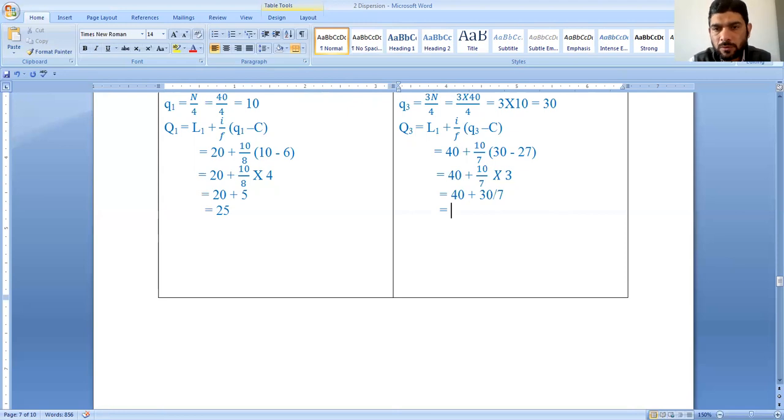Now dividing 30 by 7, we get 4.28. 40 plus 4.28 is 44.28. So Q3 comes to 44.28.